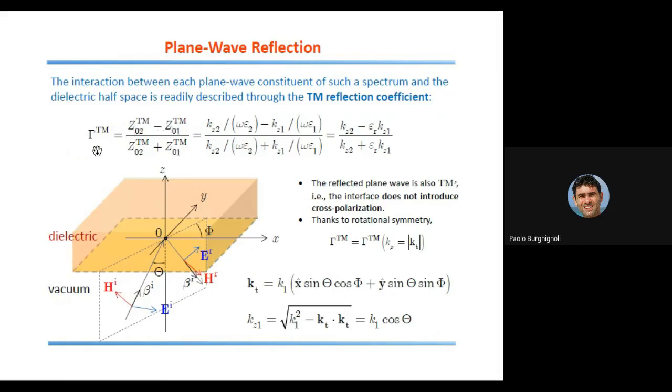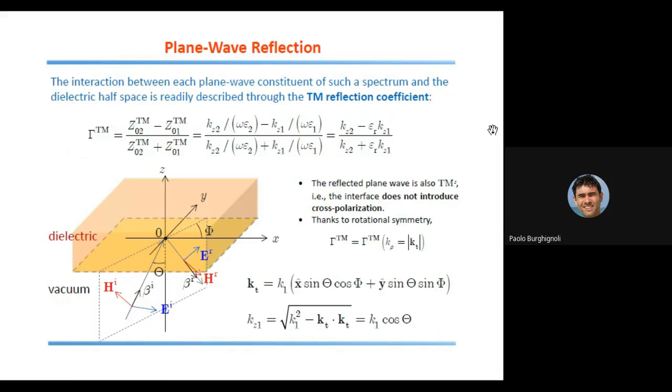And so the reflection coefficient gamma with the superscript TM is equal to the ratio between kz2 minus epsilon r kz1 and kz2 plus epsilon r kz1, where, of course, kz2 is the vertical wave number inside the dielectric.